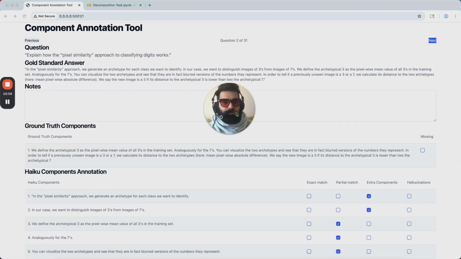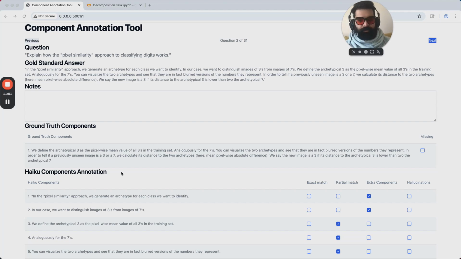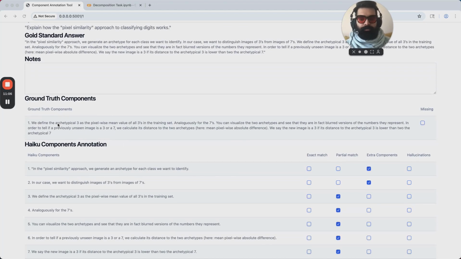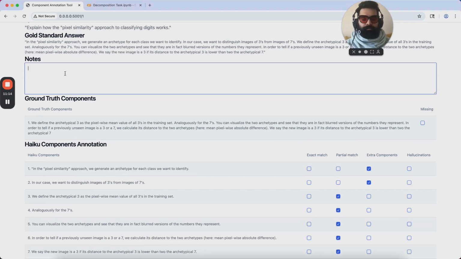All right, this is question number 2, and I'll put myself up here. So this is a single ground truth component, and the single ground truth component is split into 7. So I'll make a note here and say Haiku has 7 components, whereas I determined that the entire answer could be addressed with a single component.